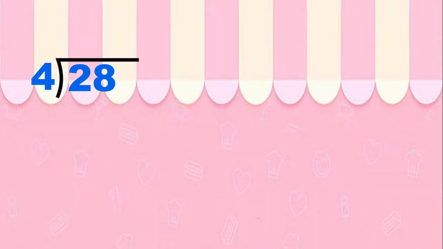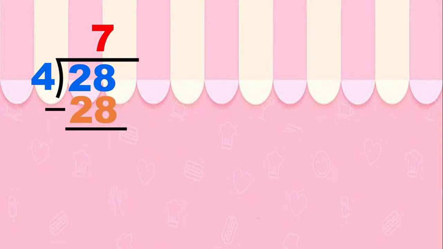We will use the long division form, or the bracket. So 28 divided by 4. 2 divided by 4 cannot be done, so we'll use the 2 numbers, the tens place and the ones place. 28 divided by 4 is, very good, 7. 7 times 4 is 28.